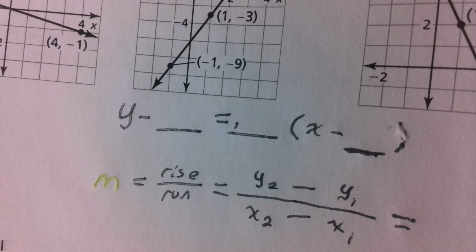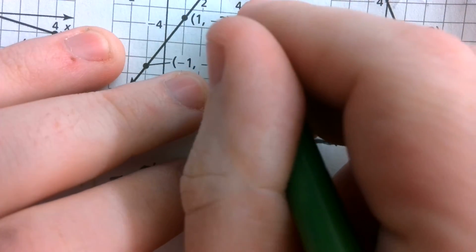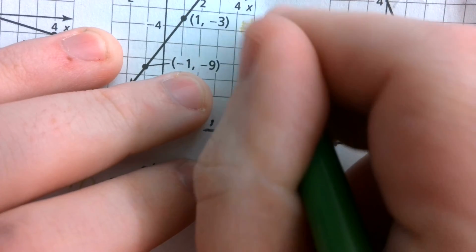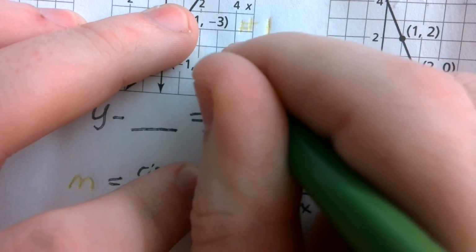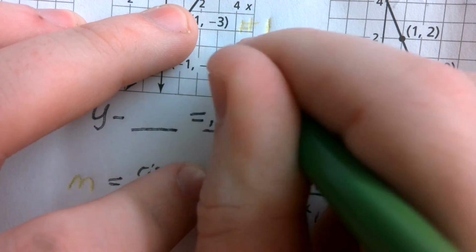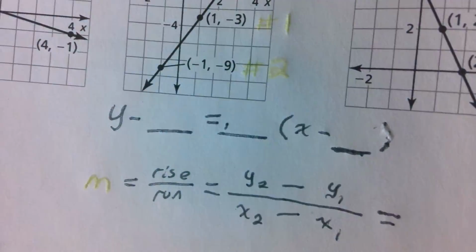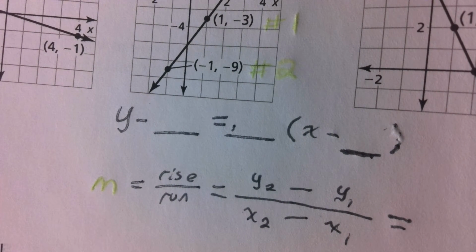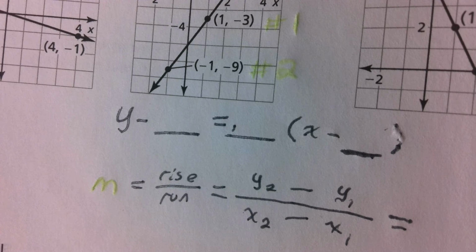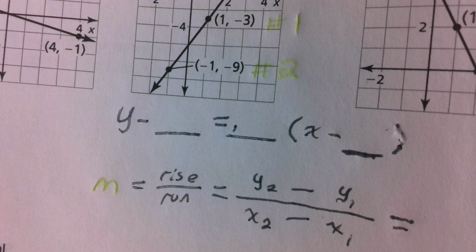So, step one, let's pick a point to be point number 1 and point number 2. I'm going to call this one up here point number 1, and this one down here point number 2, but it really doesn't matter which one is which. All right, good enough. At this point, let's see what we can do. What's the y value of point number 2?